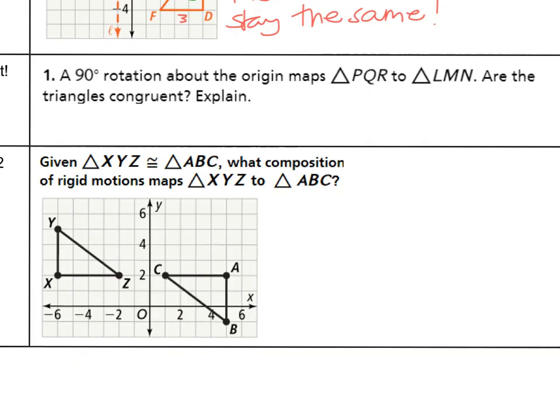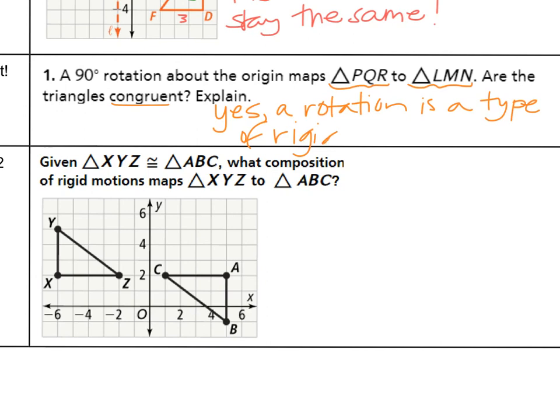There you go. Here's another example. A 90-degree rotation about the origin maps triangle PQR to triangle LMN. Are the triangles congruent? Yes, they are, because a rotation is a type of rigid motion, and rigid motions keep sides and angles the same.